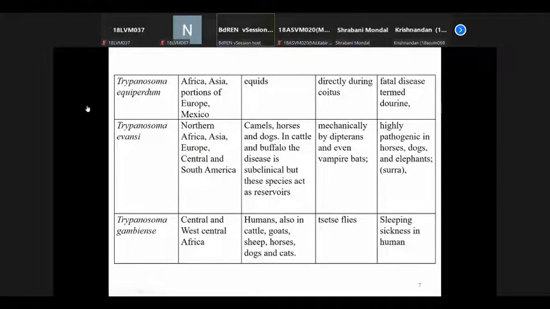You see, the cattle and buffalo act as reservoirs of Trypanosoma evansi. Transmitted mechanically by dipterans and even vampire bats. Dipteran flies and vampire bats. So the pathologic condition is highly pathogenic in horses, dogs and elephants, commonly called surra.